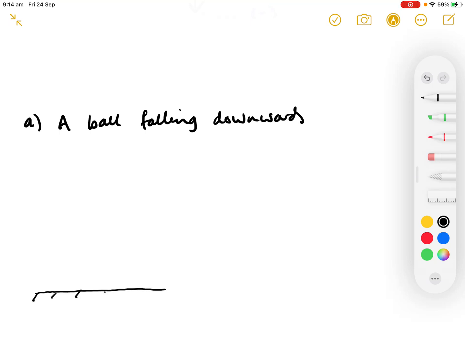It's very simple. We have a ball and it is simply dropped and it free falls downwards and reaches the ground under gravity.